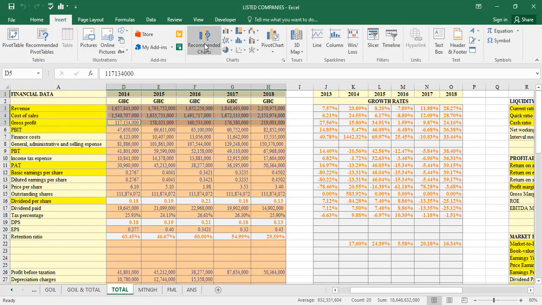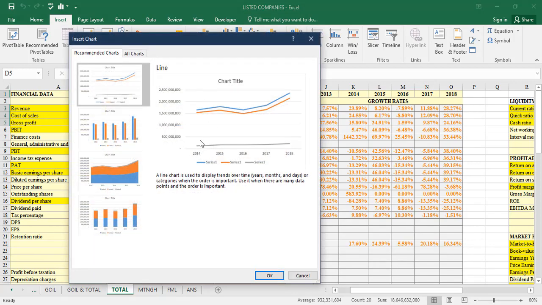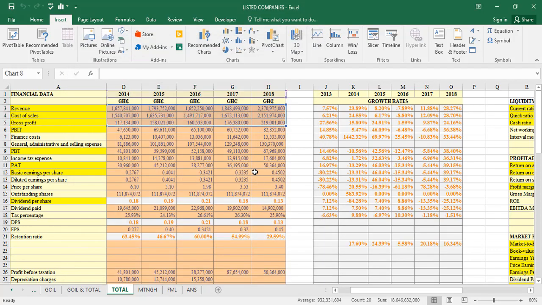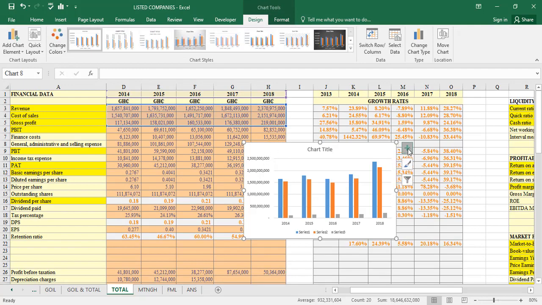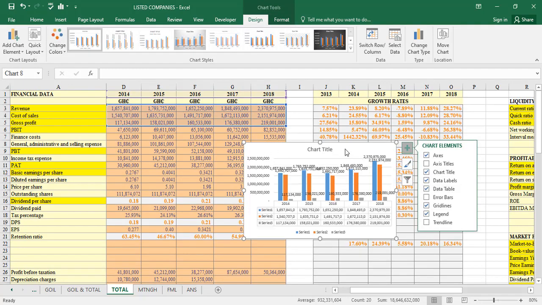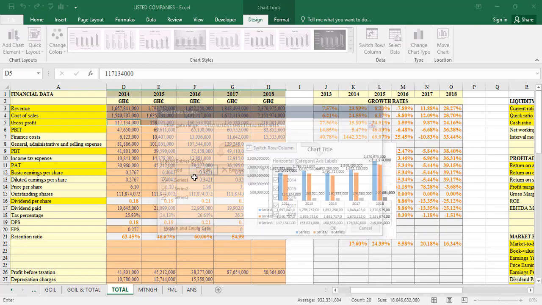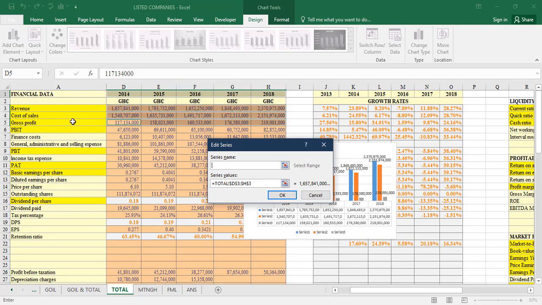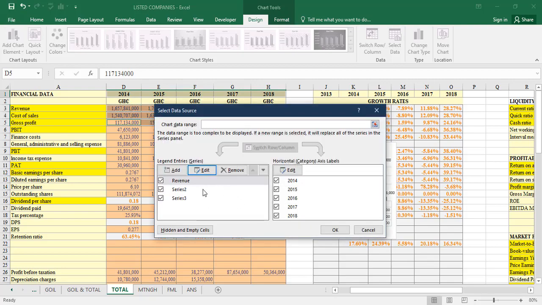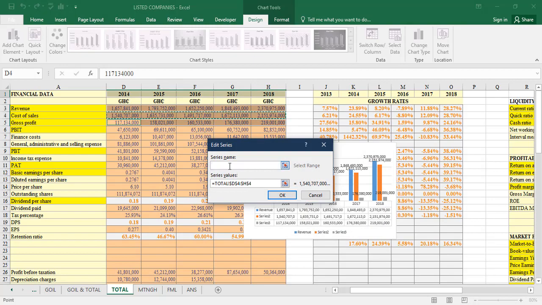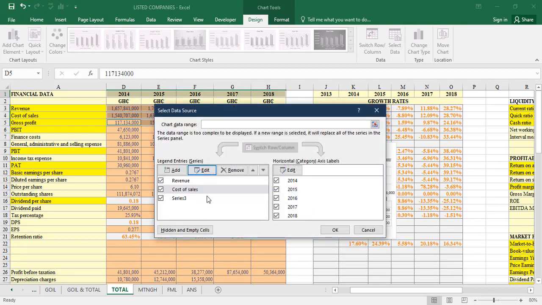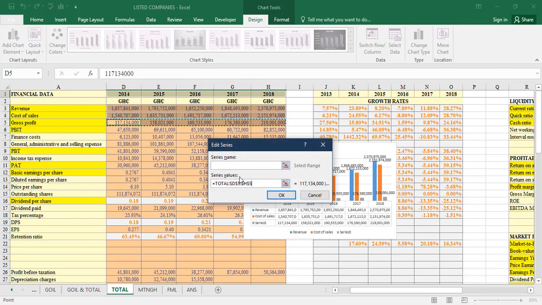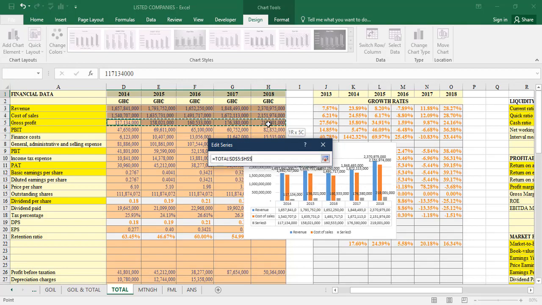Let's insert. We use recommended chart. Excel will give us a nice and beautiful chart that we can use to do our analysis. We have to showcase the data. We rename the data series over here. Series 1 will be our revenue, series 2 will be our cost of sales, and the last series will be our gross profits.